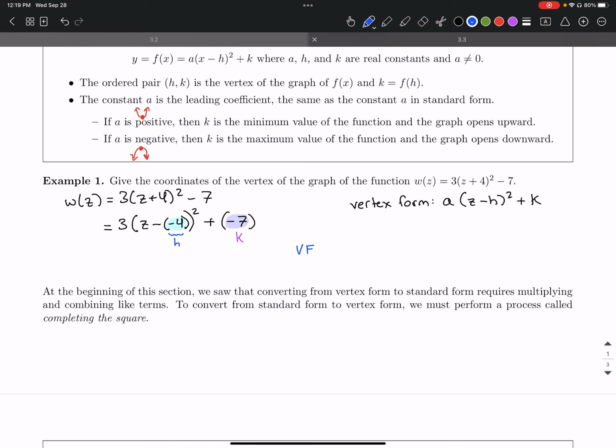Hence, the vertex of this quadratic function is given by (h, k), where h is negative 4 and k is negative 7.